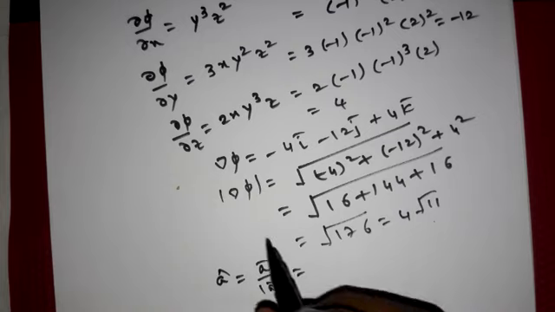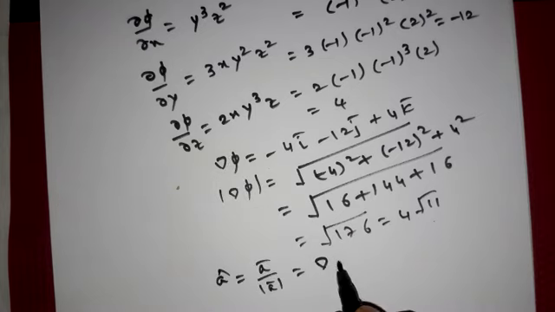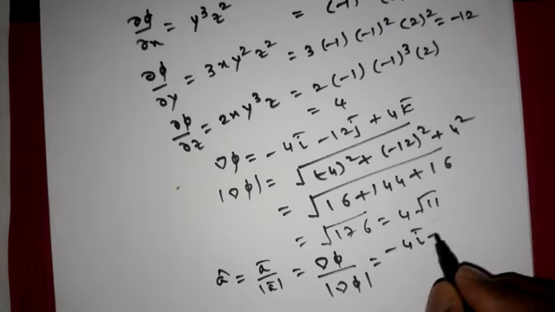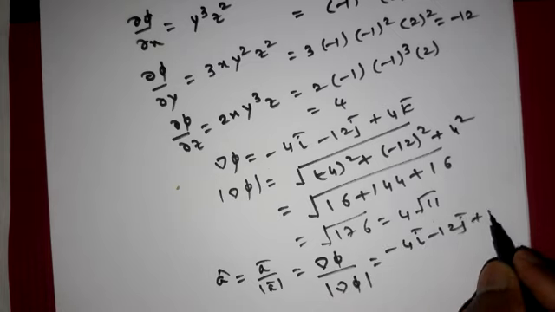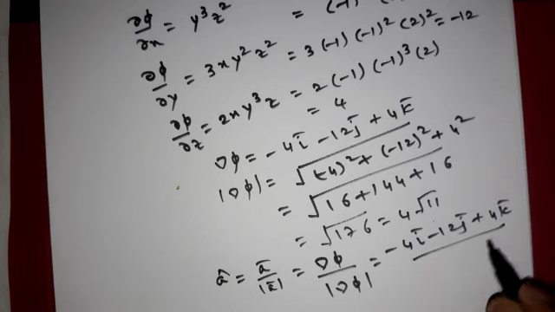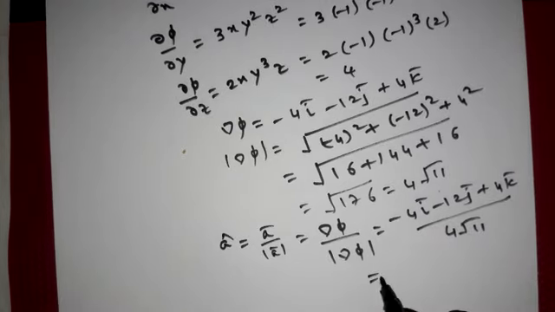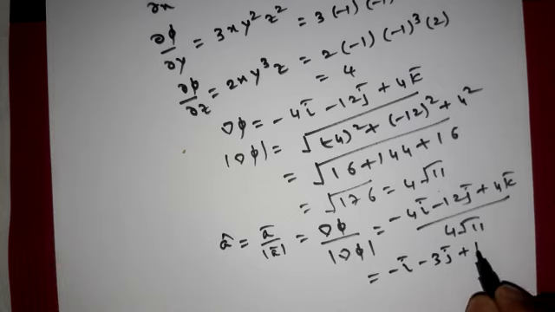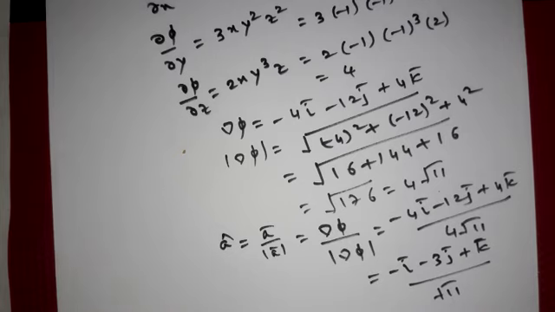So in this way I have to find unit normal, del phi upon mod of del phi. So our answer is minus 4 i bar minus 12 j bar plus 4 k bar divided by 4 root 11. You can simplify this by taking 4 common: minus i bar minus 3 j bar plus k bar divided by root 11. So in this way we can solve the problem.